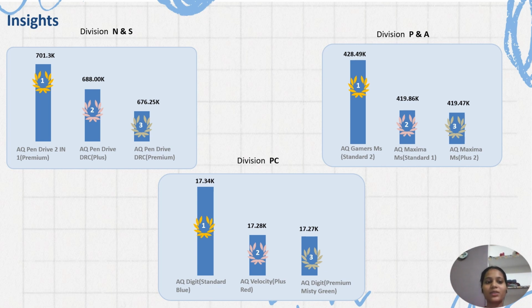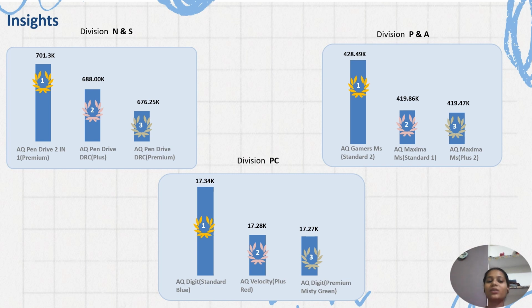With the values 708.3K, 688K, and 670K. In the division P&A we have AQ Gamers MS Standard 2, AQ Maxima MS Standard 1, and AQ Maxima MS Plus 2. And in the division PC we have three top products: AQ Digit Standard, AQ Velocity Plus Red, and AQ Digit Premium Stick, with values like 70.34 and 70.28.